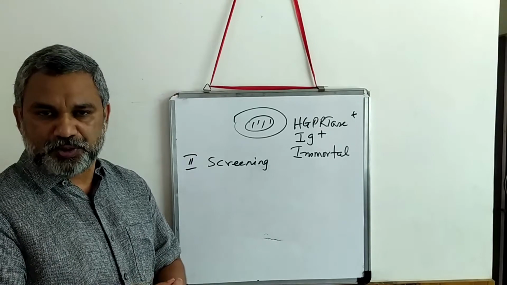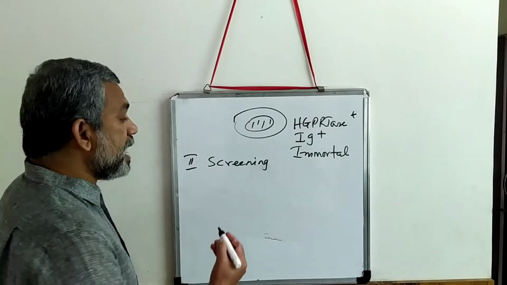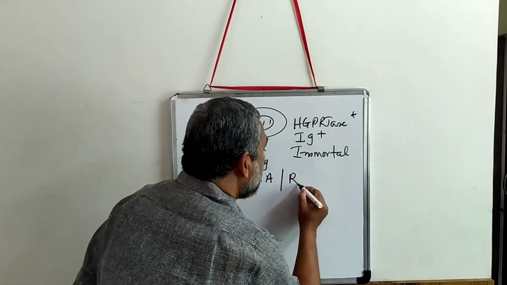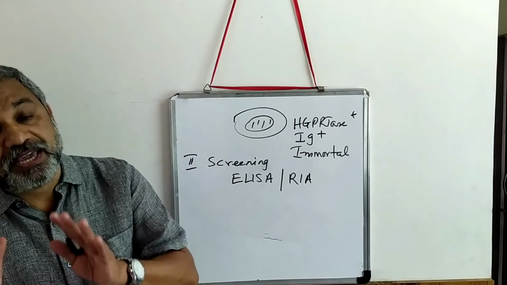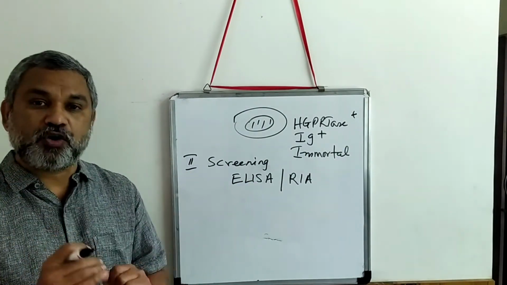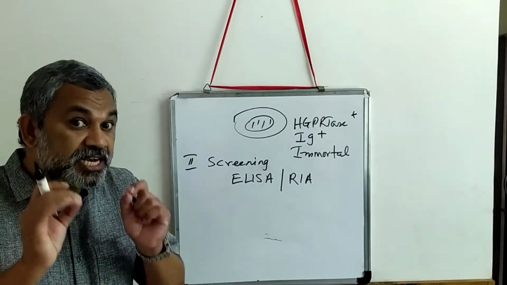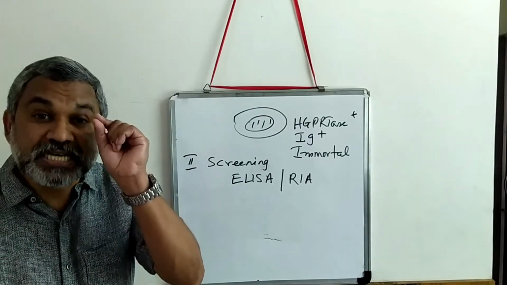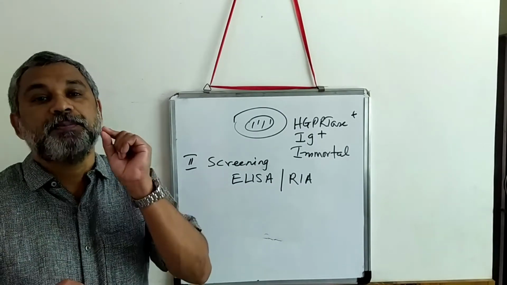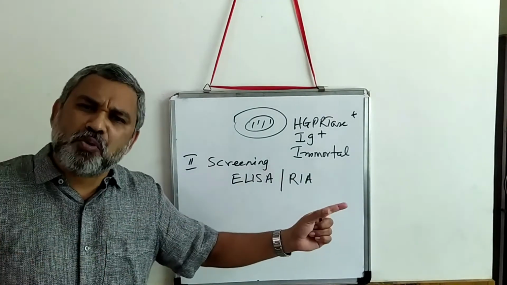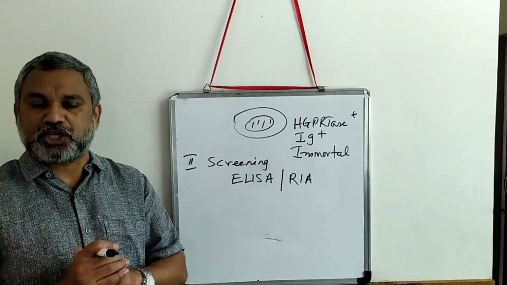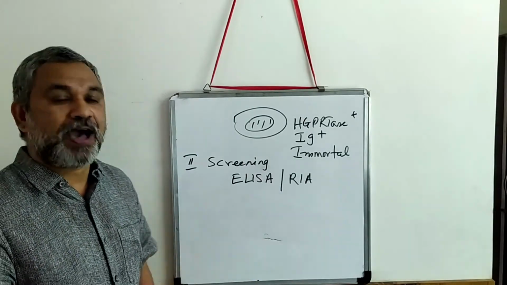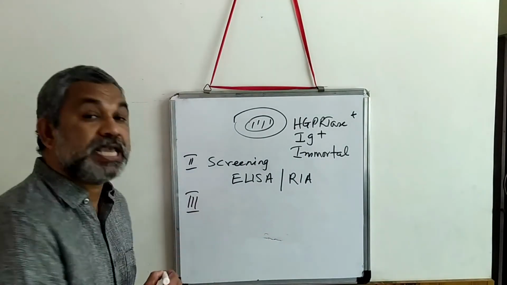The screening is carried out using ELISA or RIA. Both are very effective screening methods to identify which clone, which fused cells or which hybrid cells are capable of producing antibody. It is a laborious process. Once the screening is done, we reach the last stage of antibody production, that is propagation.